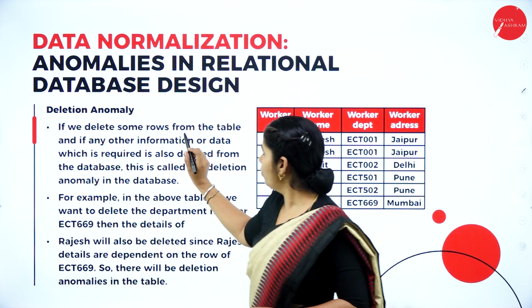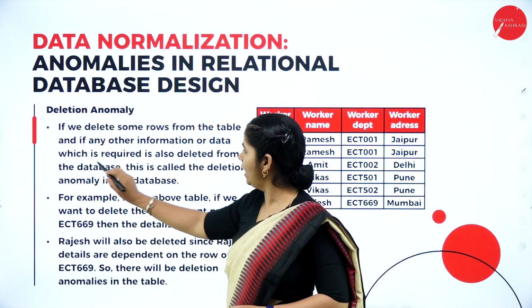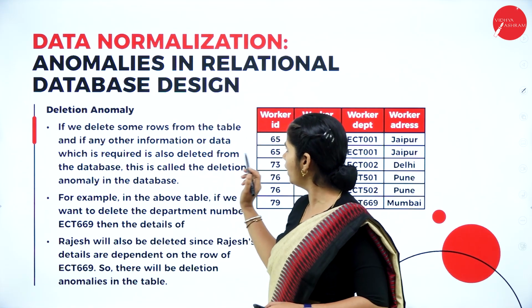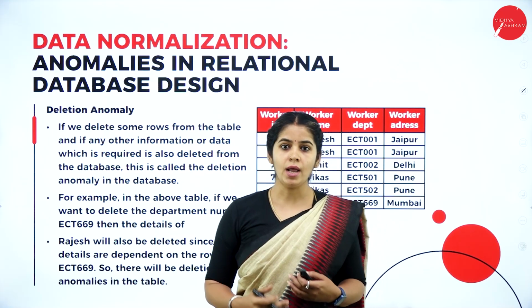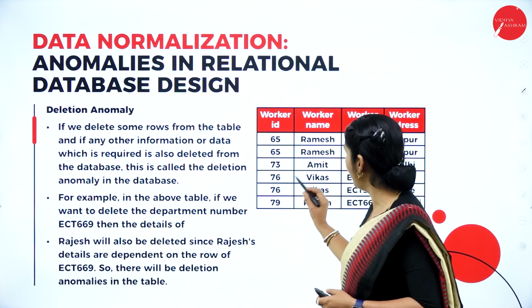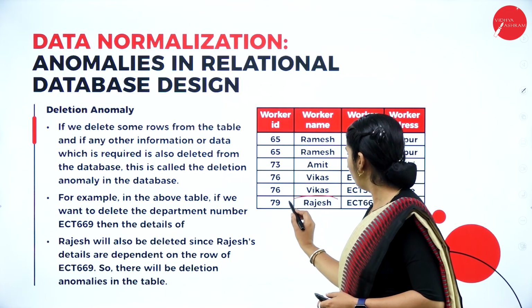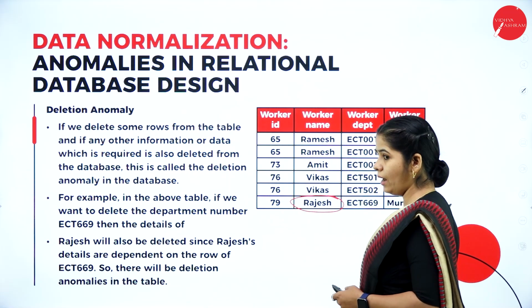If we delete some rows from the table and any other required information or data also gets deleted from the database, this is called a deletion anomaly. For example, in the table we have only one worker, Rajesh, with a single record.